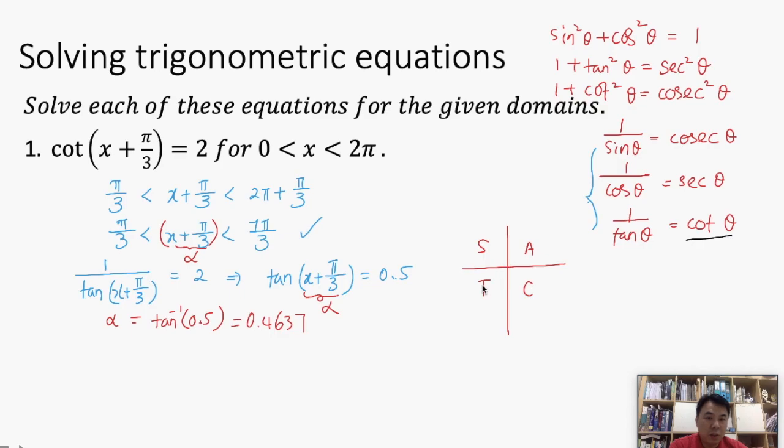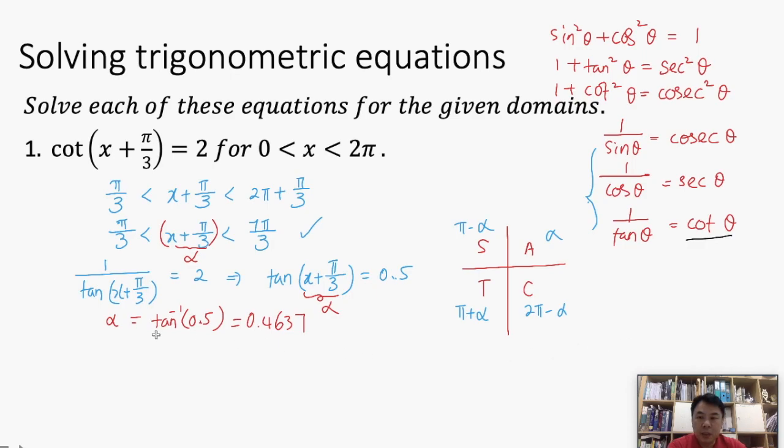So if the solution is found in this quadrant, then we will use this formula here, which is pi add up with the reference angle. If they fall in this quadrant, then it will be pi minus alpha. And if it falls in this quadrant, it will be 2 pi minus alpha, where the alpha refers to the first solutions in the first quadrant.